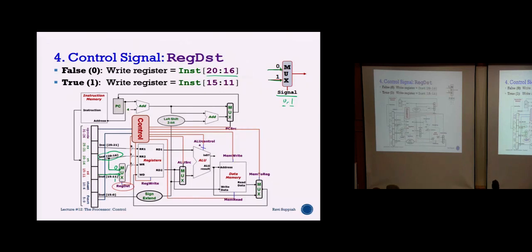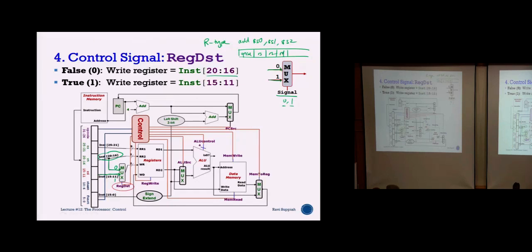It means that when I am doing an R-type instruction, say add S0, S1, S2, then if I look at my instruction encoding, I have my opcode, RS, RT, and RD here, correct?